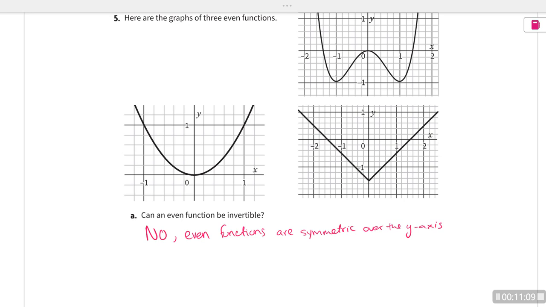I should specify: they're no longer the same because they're no longer functions. That's the key. When we reflect over, they are no longer functions.